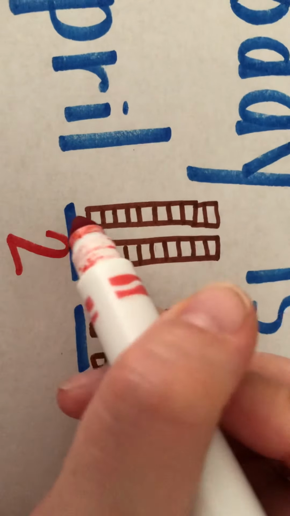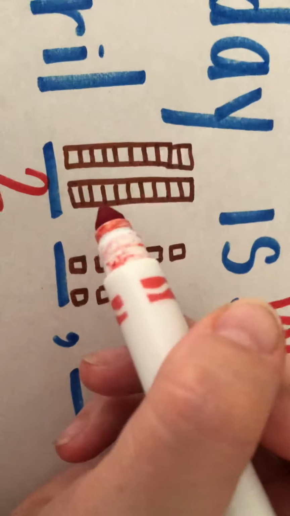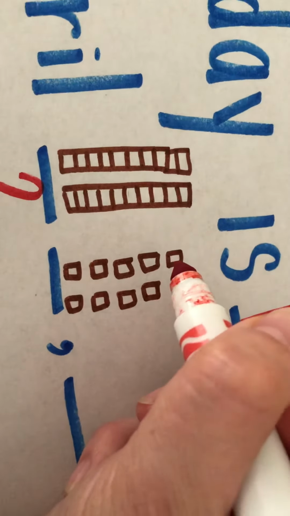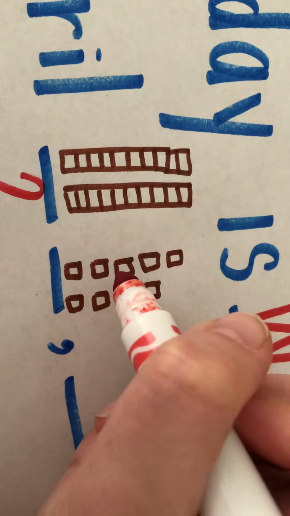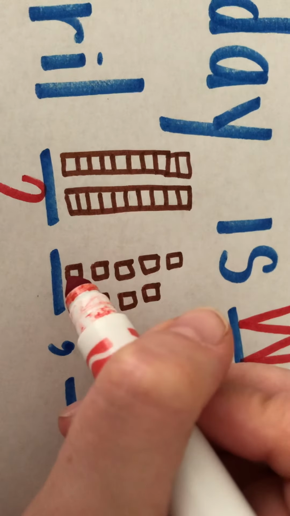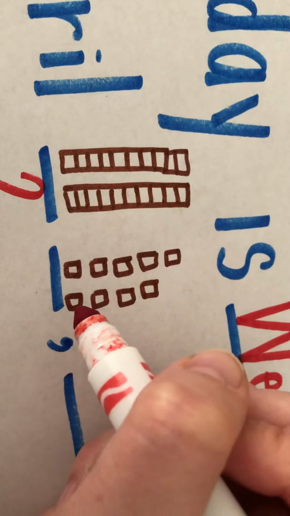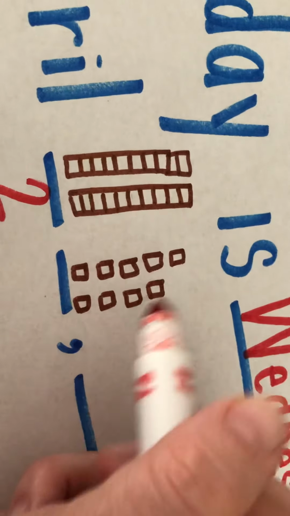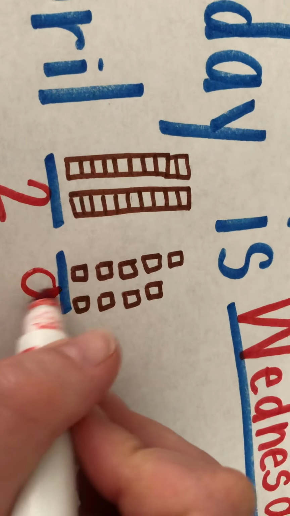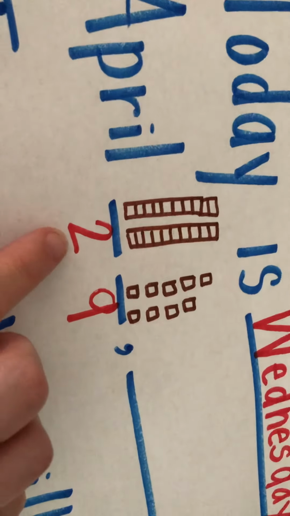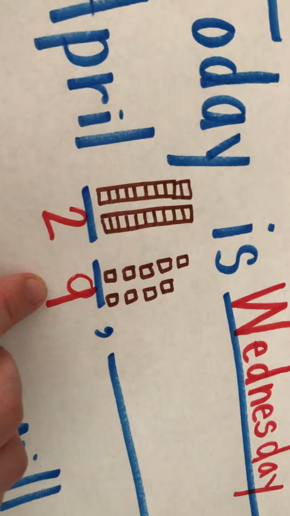So we have 10, 20, and now we're going to add the ones. 21, 22, 23, 24, 25, 26, 27, 28, and 29. So remember, we had 9 ones. So there's the 9, and that's how we write the number 29.